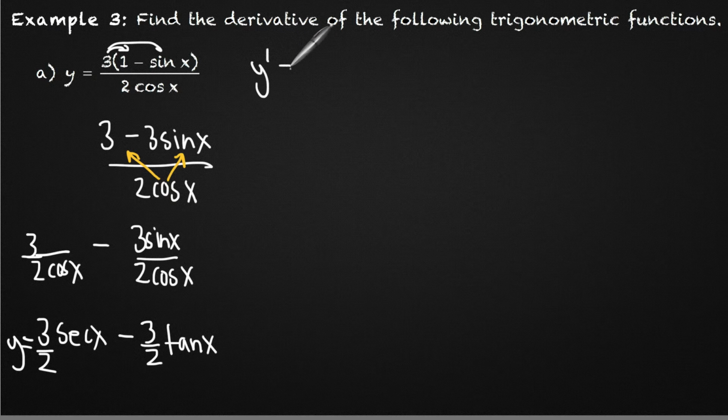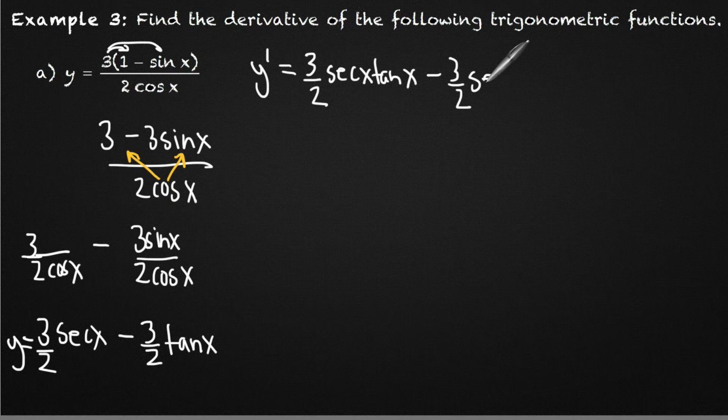So y prime is equal to, the coefficient goes along for the ride, and then we remember from the top that the derivative of secant x is secant x tangent x. And then minus 3 halves again. The derivative of tangent is secant squared x. And so now from here, we want to try to get everything in terms of sines and cosines. So 3 over 2.